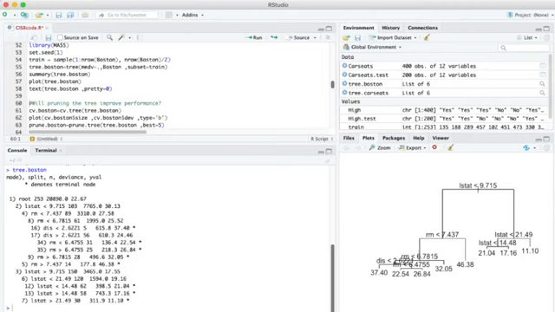Let's look at the right branch here. If lstat is higher than 9.7, and you go to the next one, and if lstat is actually higher than 21, then we predict the response to be 11.10. Okay, so you can see that it is node 7 here. So lstat is higher than 21.49, and we predict the value for y, which is the mean of the response variable, to be 11.10.